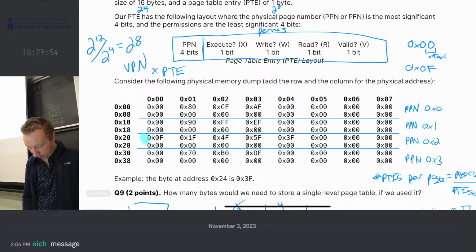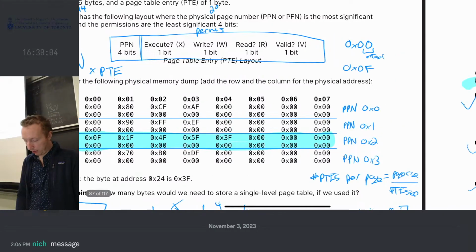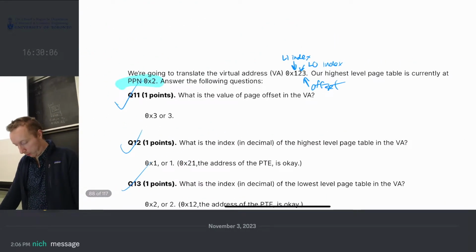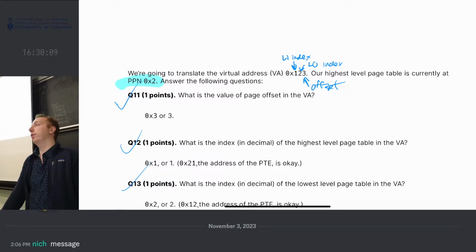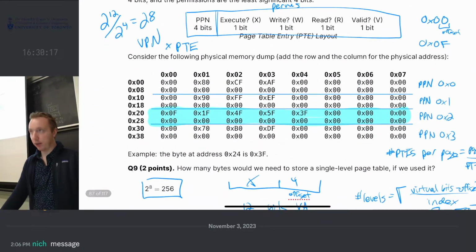That means these 16 bytes here represent my L1 page table. So in this L1 page table, if I'm translating address 1, 2, 3, what index do I use? Well, it should be index 1. So where is index 1 on physical page 2?